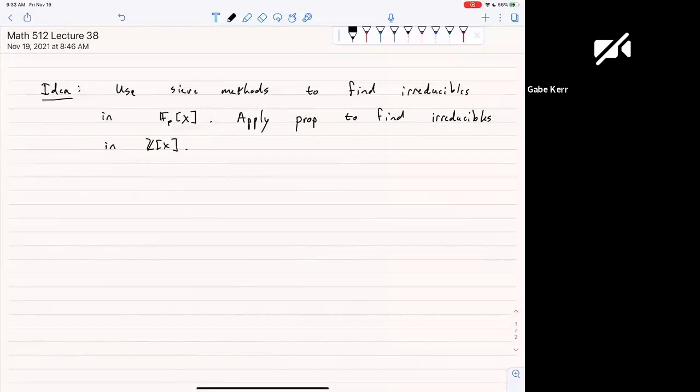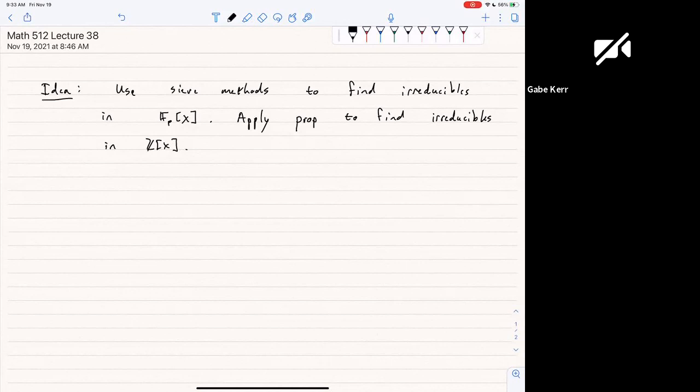So this is an easy game to play, and it will produce a lot of irreducible polynomials. And it's a good test if you want to factor a polynomial. One thing you can do is, if it has integer coefficients, take it mod p and check.